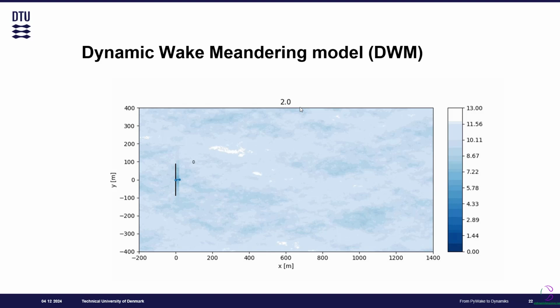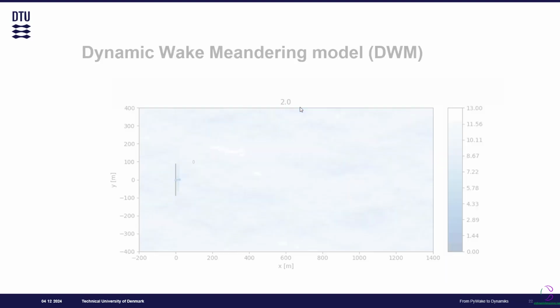So you can see the light blue areas falling within the area of 11.56 meters per second, which is still higher than 10. Then the darker areas of blue is where you have the lower wind speed. Probably you have 8 meters per second, 1.4 meters per second. So you see that it's slightly different from the analysis being done by PyWake.